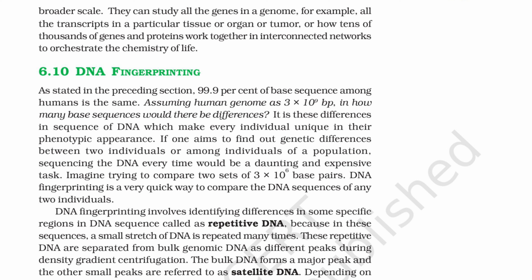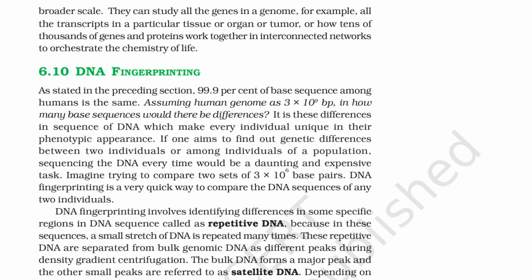DNA fingerprinting. As stated in the preceding section, 99.9% of base sequence among humans is the same. Assuming human genome is 3 × 10^9 base pairs, in how many base sequences would there be differences? It is these differences in sequence of DNA which make every individual unique in their phenotypic appearance.